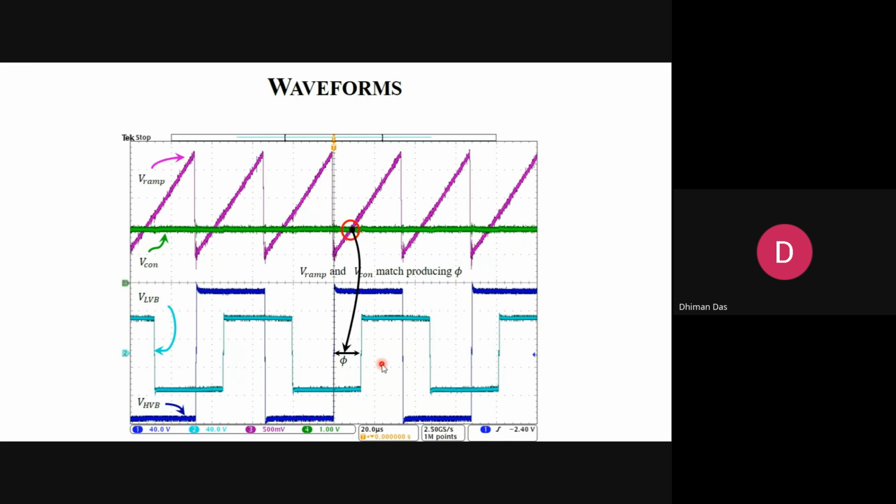That means more current is injected from one side to the other. Now when you oscillate this control voltage around this operating point, which is called perturbation, with a certain frequency, your phi also gets perturbed, or oscillates with that same frequency, because this operating point is moving slowly.